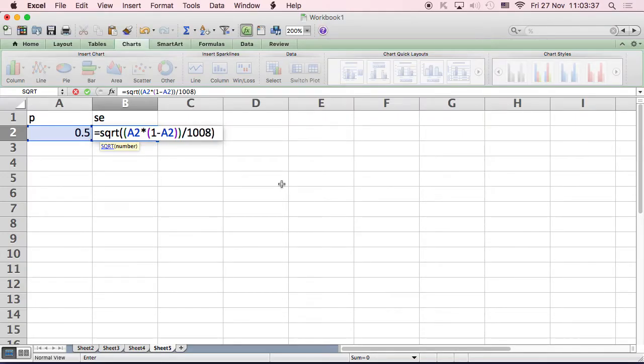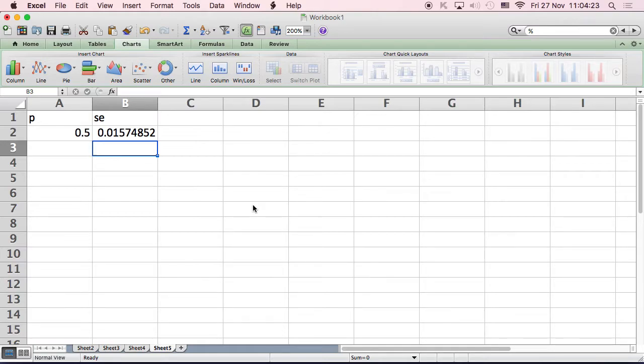You may have problems following the formula, so this is the formula: square root of P times 1 minus P divided by N. If you type it correctly, the answer should be 0.0157.